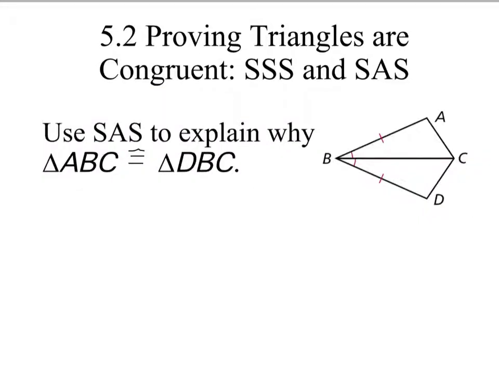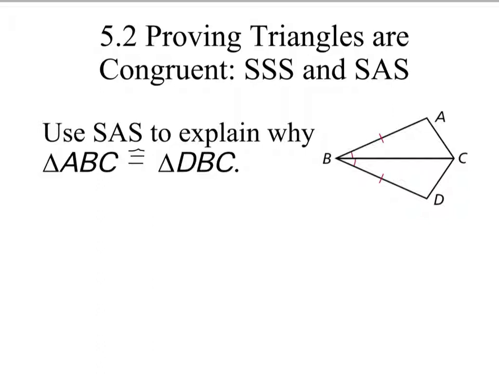All right, so here's a new problem that you don't have to write down, but please make sure you pay attention. You're now using logical arguments to prove the side angle side is true on this congruent statement. Remember, side angle side means you have two sides and the included angle congruent to two sides and the included angle of another triangle.